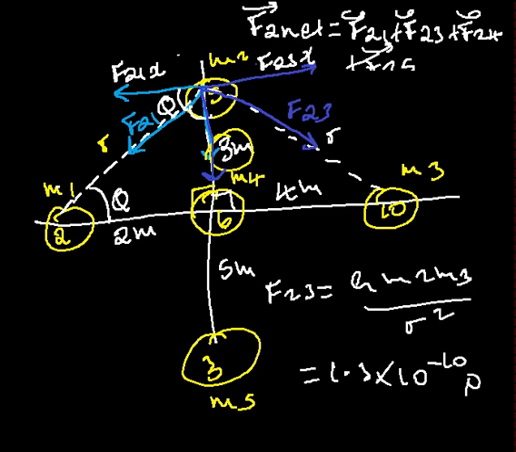From there we have to resolve the force into components. The force F23 is equal to 1.3 times 10 to the power negative 10 newtons. Now we have to calculate this angle theta, which is the same as this angle, the alternate angles.